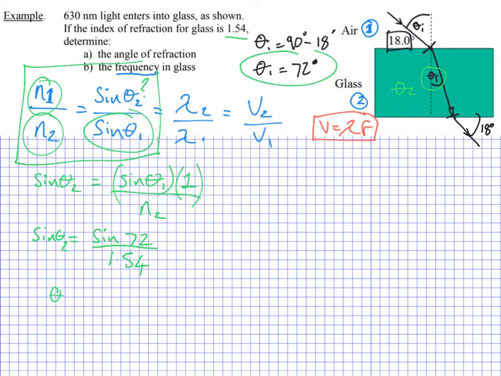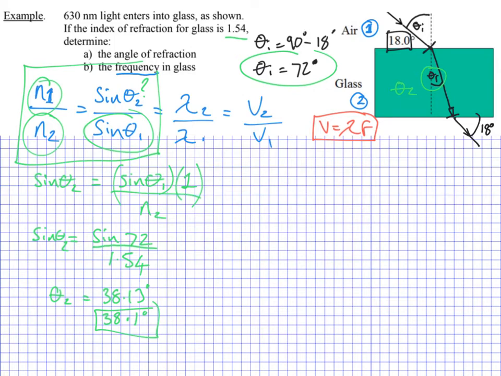To get theta 2 on its own, if you plug it into your calculator and do the inverse sine, you get 38.13 degrees. Making sure my significant digits, it's going to be 38.1 degrees. Okay, so that's the angle of refraction within the glass.